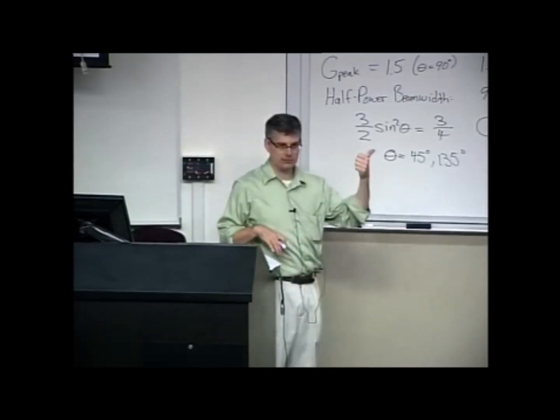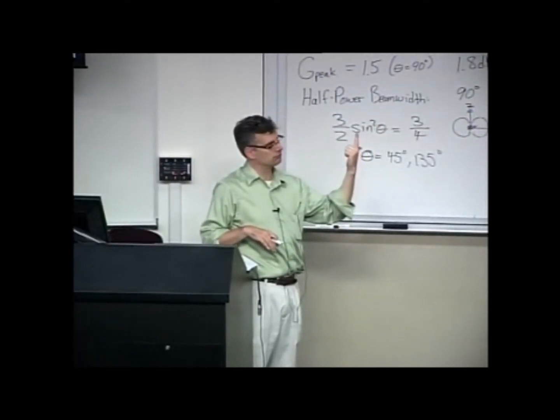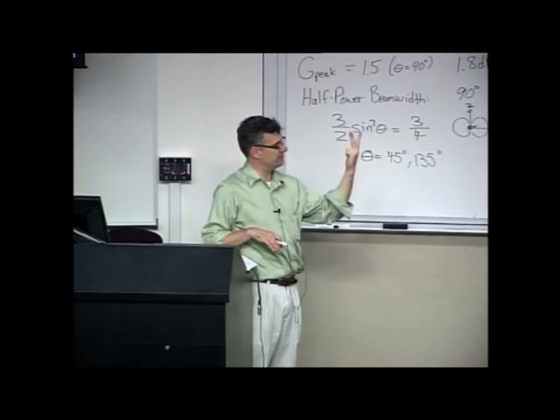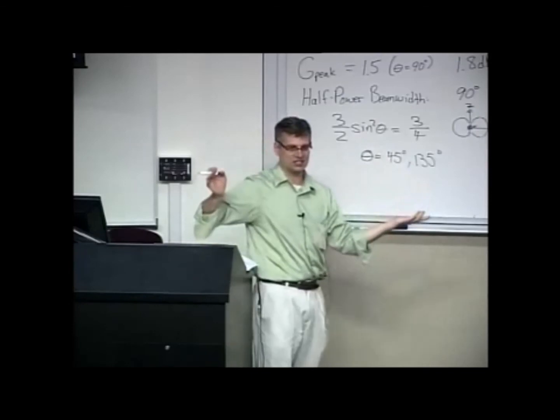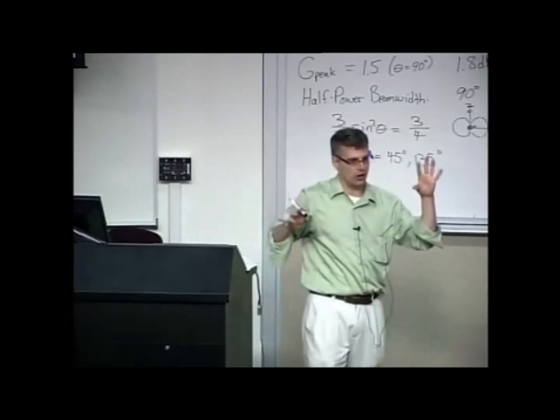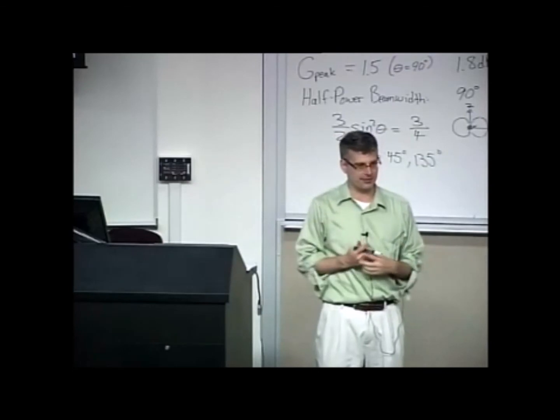Half-power beam width, peak gain, impedance, directivity, radiation efficiency. No matter how complicated an antenna gets, those capture almost all of the interesting behaviors that we use to engineer and talk about them.